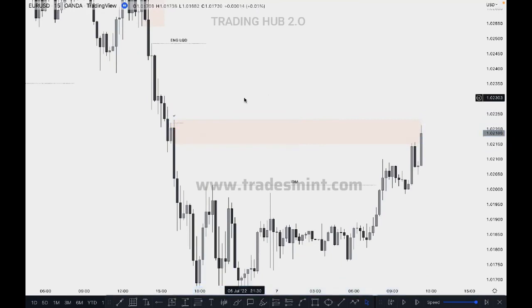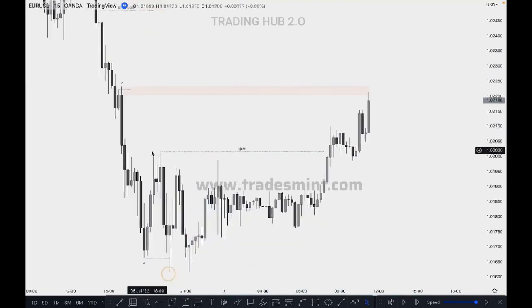Okay, so this is also a good scenario, but for the refinement I took this minor refinement zone. This is also a possible scenario, this is also good, but for the refinement I took this zone. Correct. So the inducement has been taken out, tapped on this supply zone, and you have to apply entry type 1, which is applicable on the supply and demand zone.